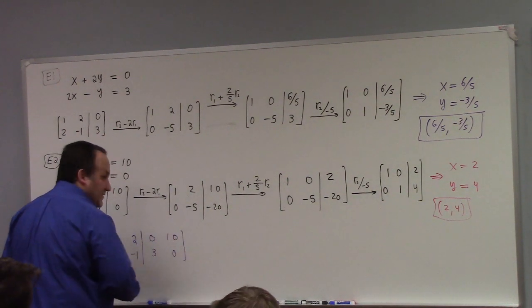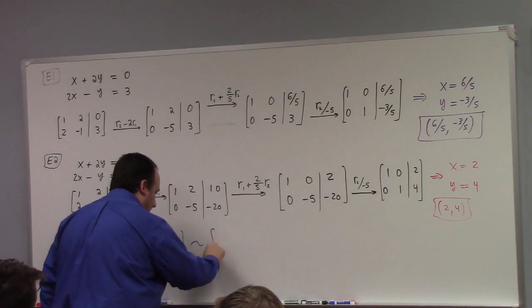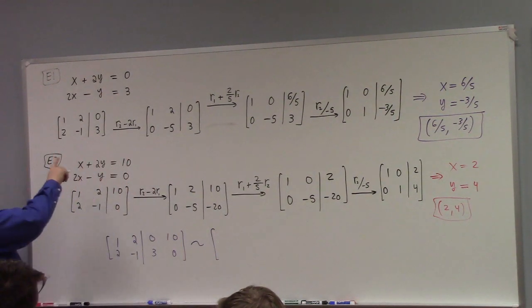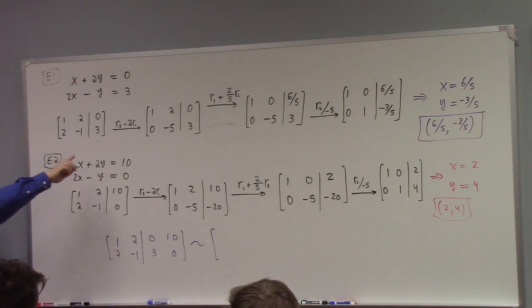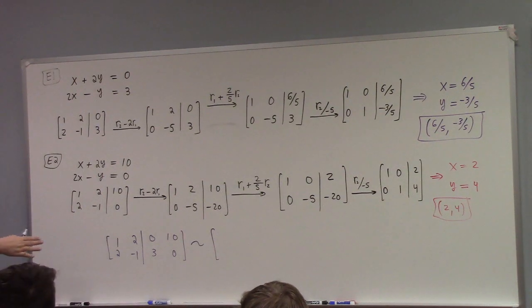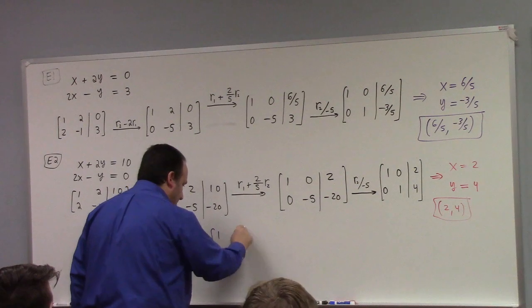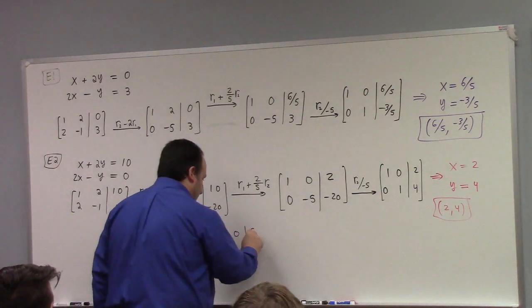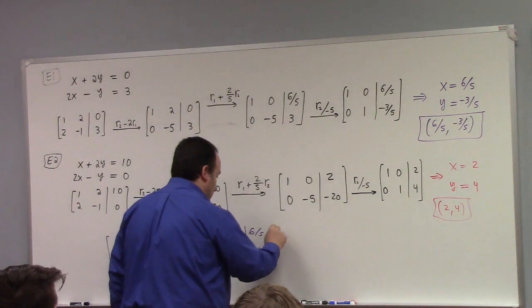You can do row operations, and this will be row equivalent. Through this set of row operations, this, then that, if you do those three to this, what you're going to get is 1, 0, 0, 1, 6/5, minus 3/5, 2, and 4.